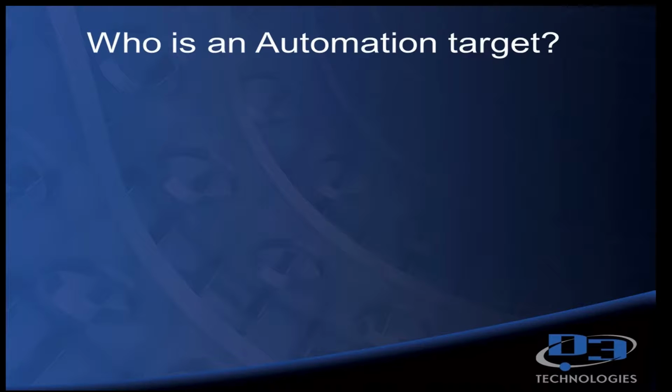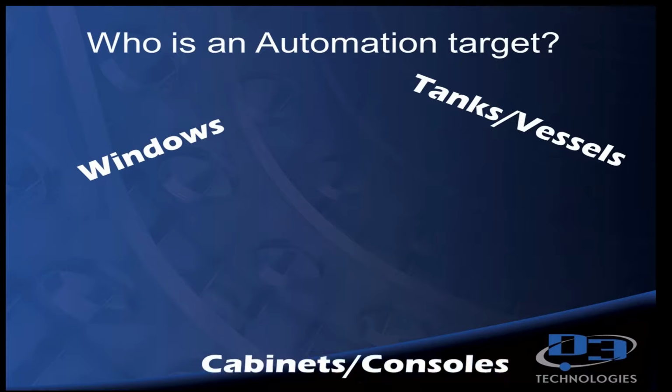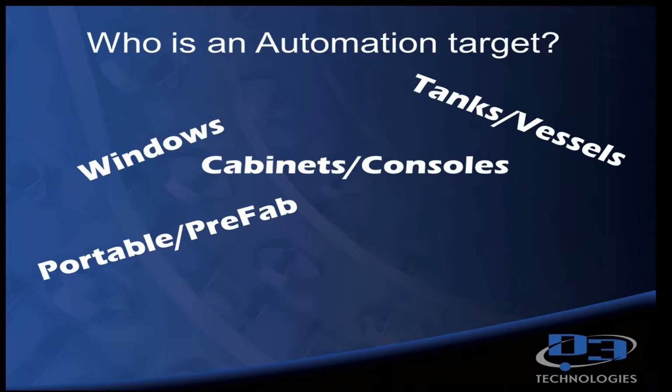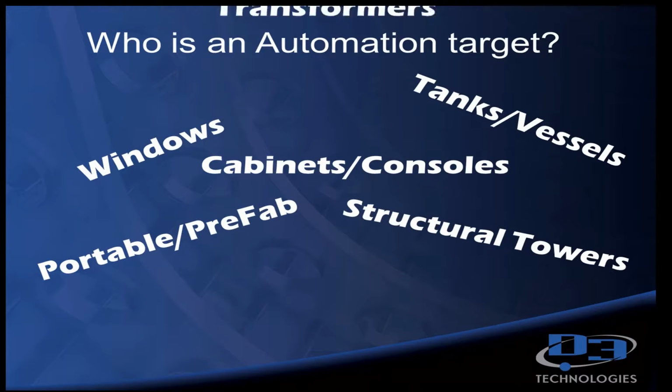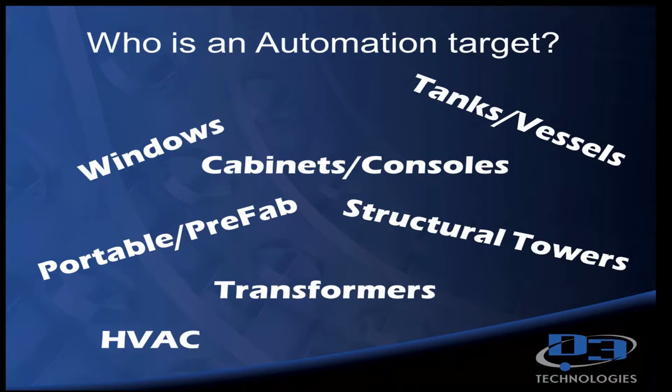If you're looking at who is an automation target, you start to see a variety of markets and industries come to the surface. They're really all over the place. But the reality is there are some very consistent things within each of these that go across the boundaries. They're same but different. There's a custom solution each time you do it, but it's still the same general concept.